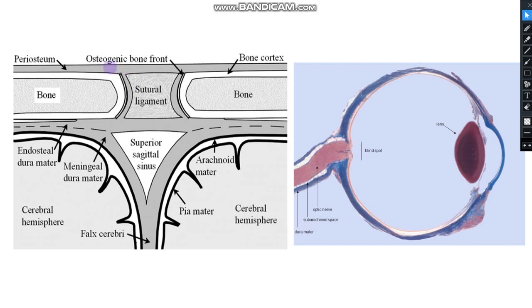It continues with the periosteum, and at the point of the foramen, assume this is a foramen, this outer endosteal layer moves out of the foramen and continues outside of the skull with the periosteum.